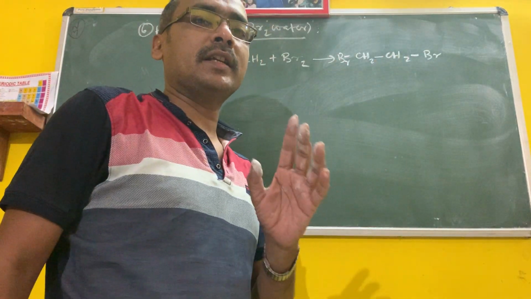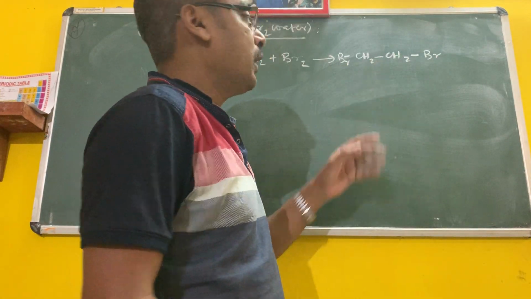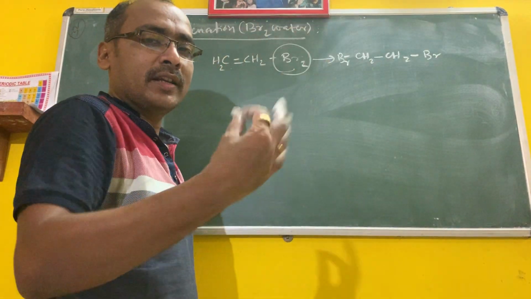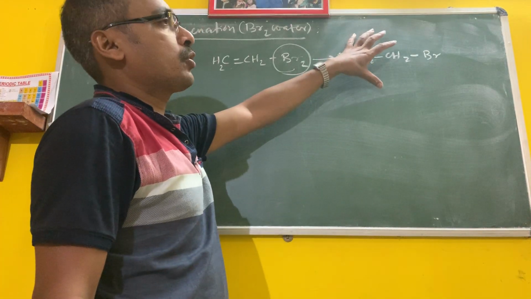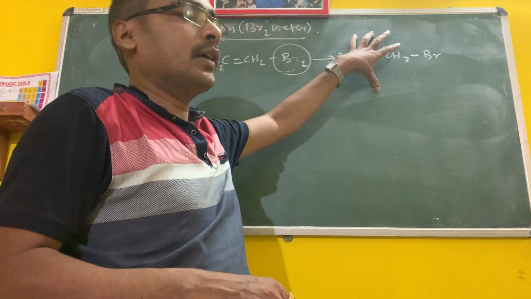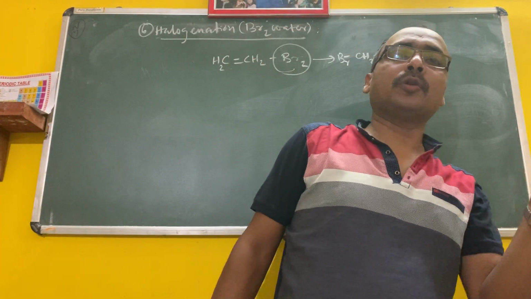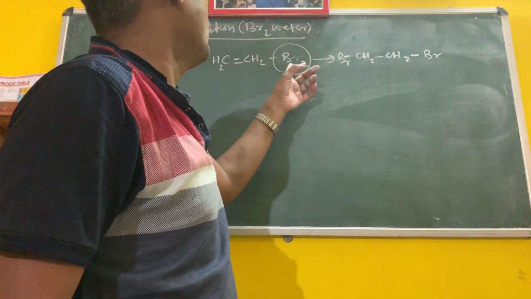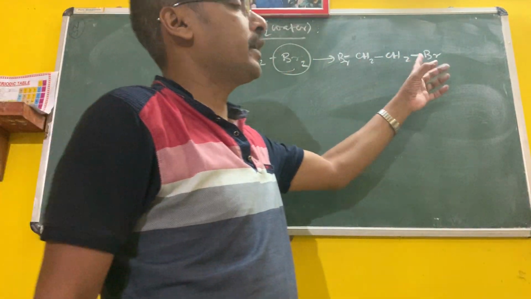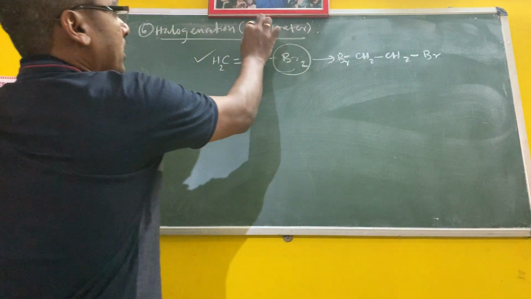That vicinal dibromide or vicinal dihalide product forms, and the color of bromine water will disappear. This reaction is also used for identification of a double bond in alkenes. At the position in the chain where the double bond is present, only there will the bromine attack to form the vicinal dihalide. Clear? This is bromine water treatment.